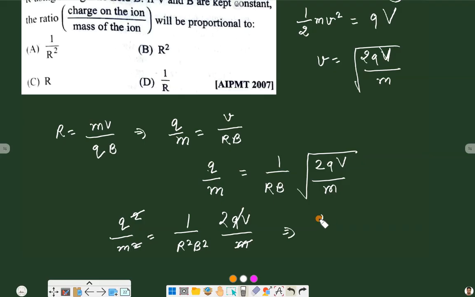So from here, q by m is equal to twice of V divided by B square and r square. And it is asked that it is proportional to, so we can see that q by m is proportional to 1 by r square. So option A will be the right answer here.